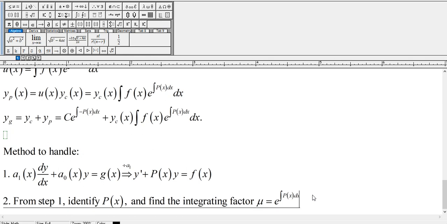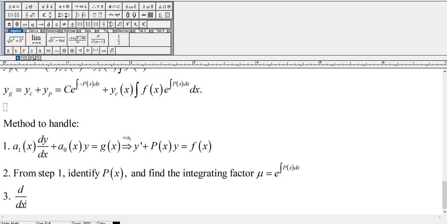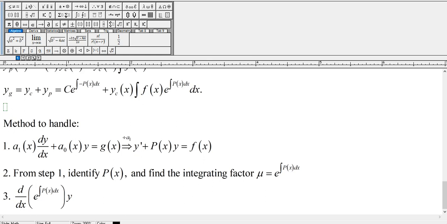So then from here, we're going to set it up as basically a backward product rule, okay? So this is going to be d dx of, okay, and it's going to be this integrating factor times y, and that's going to equal f of x times the integrating factor.